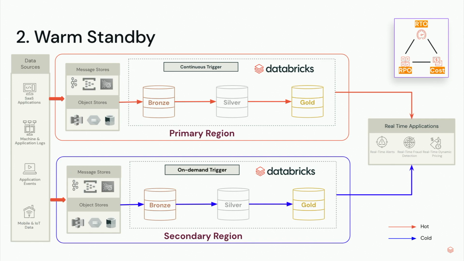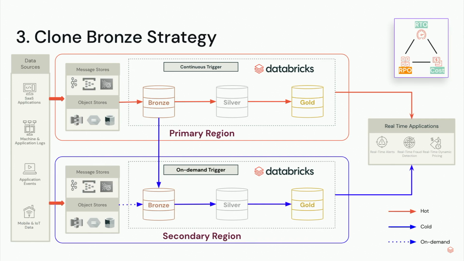Every night, in our use case, we'll just recompute bronze, silver, and gold in our secondary site using a specific trigger. In our case, we'll go with Available Now. This is an active-passive strategy, and it reduces the cost. However, the RTO and RPO are still a little bit on the higher side.